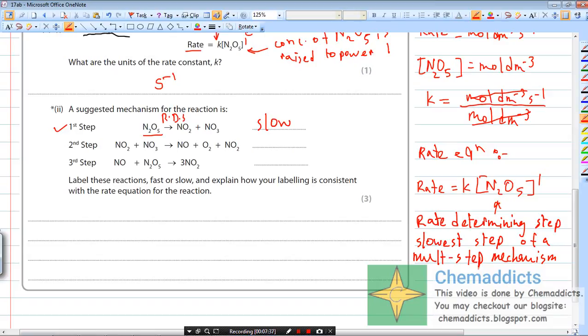Since there is only one particle possible over here, this step should be slow and the others should be fast.